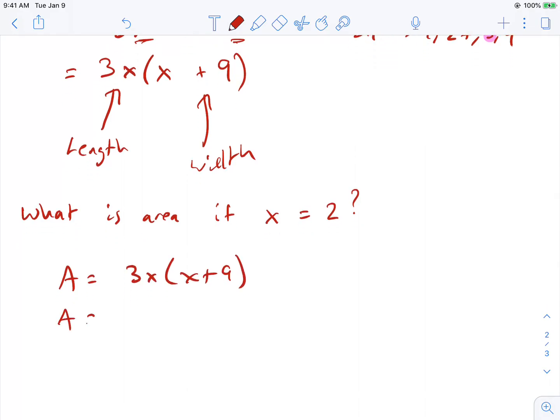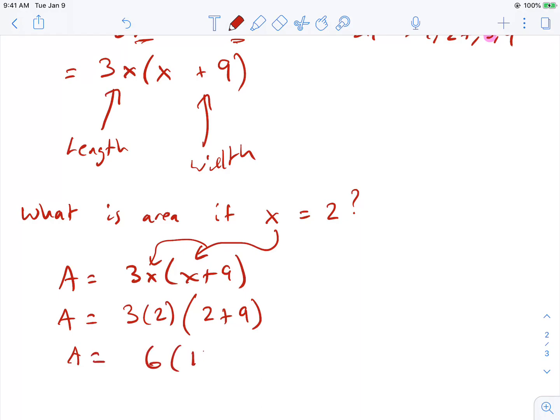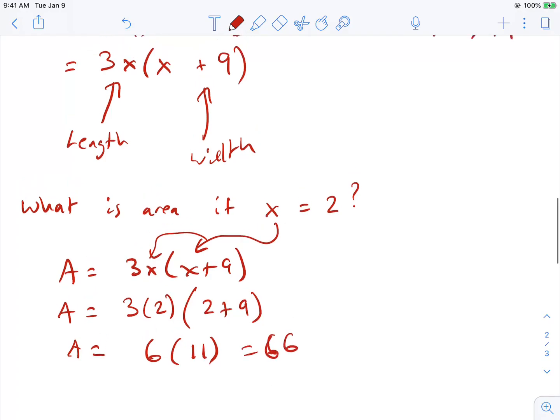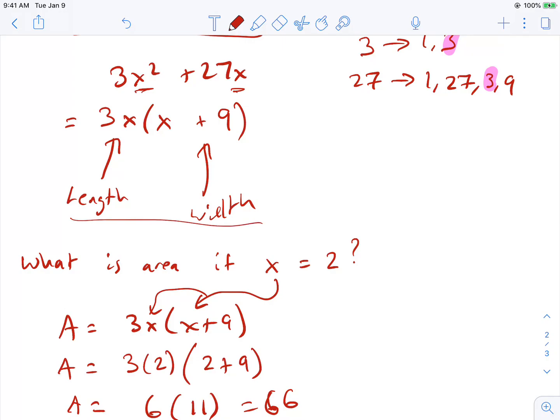I can just substitute in that 2, 3 times 2, and then I have my brackets here, and then I have 2 plus 9. So all I've done there is just substitute my x for 2, and I get 6 times 2 plus 9, which is 11, and I would get 66. And that's all because we were able to factor and figure out what is my length, what is my width. And that is as easy as it is.